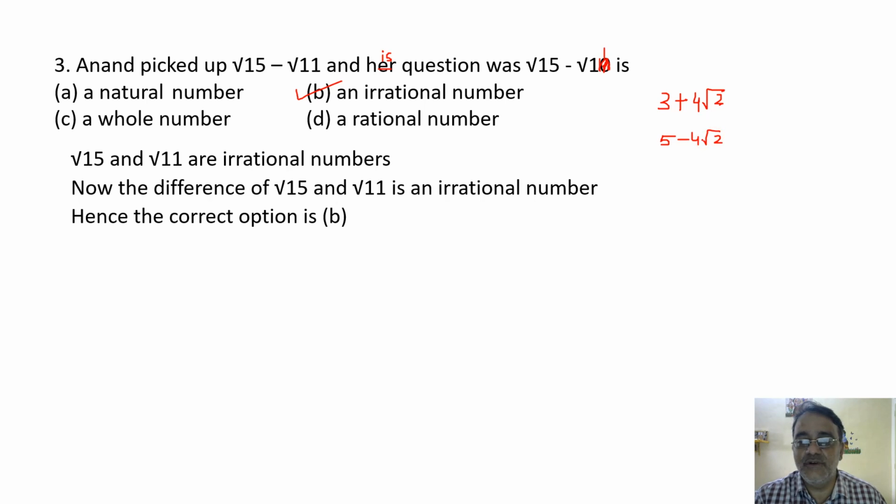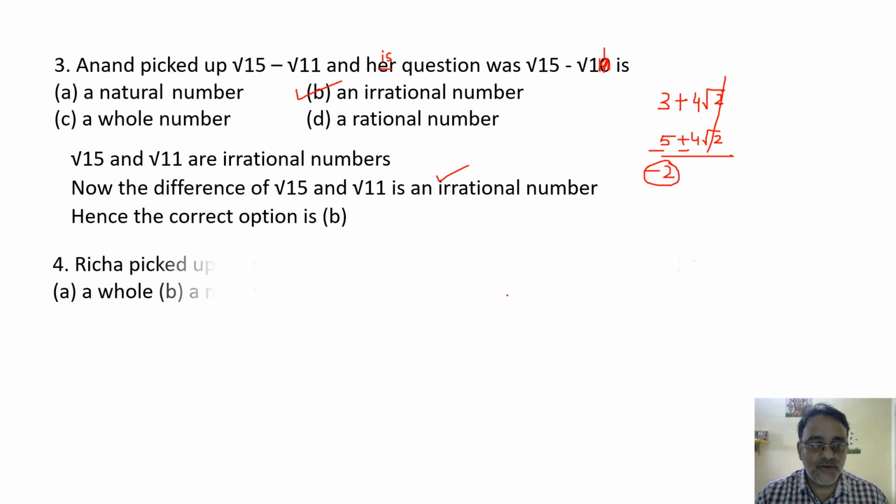Now if you subtract these, the 4 root 2 terms will be cancelled and we are getting minus 2. So minus 2 is a rational number. So that is why I have not written that the difference of two irrational numbers is always irrational. That is not correct. Sometimes rational, sometimes irrational. So in this case it is an irrational number. This is clear? Yes, sir. Okay. Now next question.